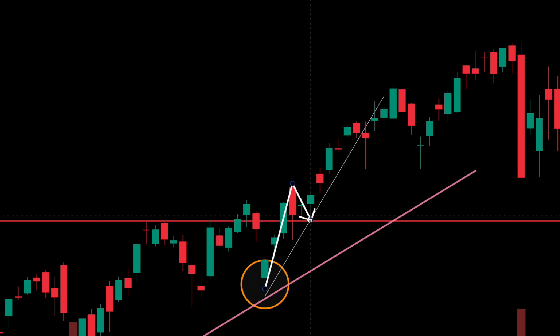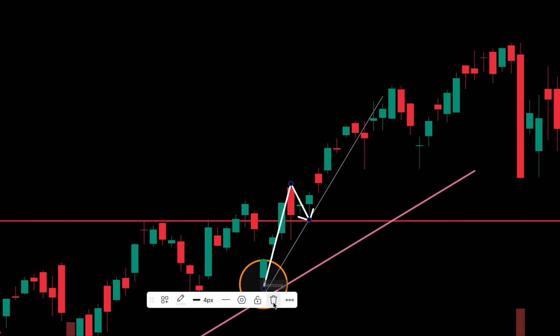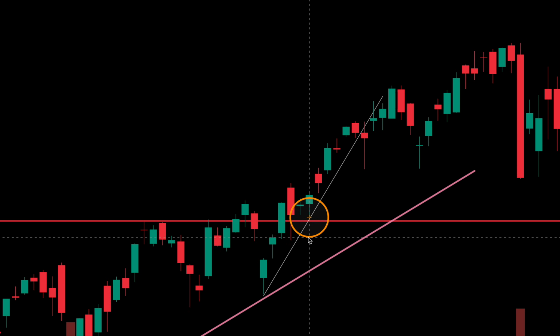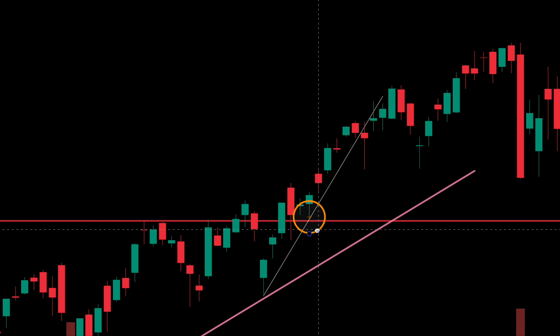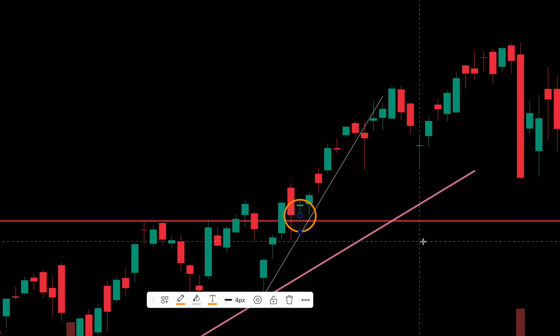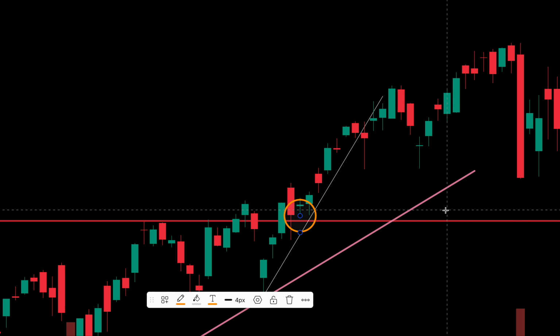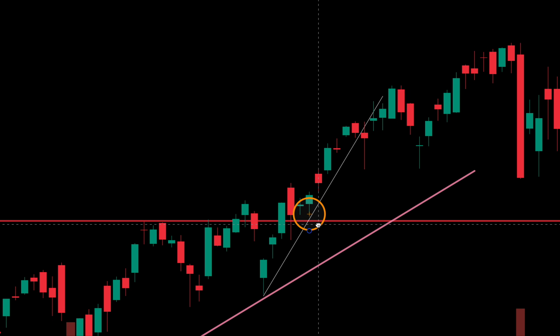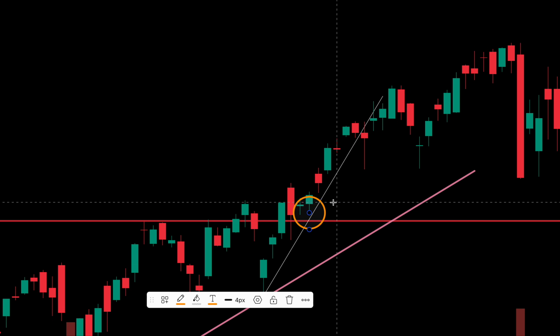So boom, I enter here, right? I enter there. This is my new entry because I have a support level, break and retest. And then, let's see, well, this is a break of a range. So now a new trend is starting. So I started my trend line, okay?